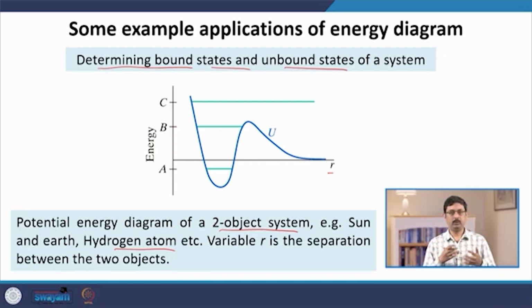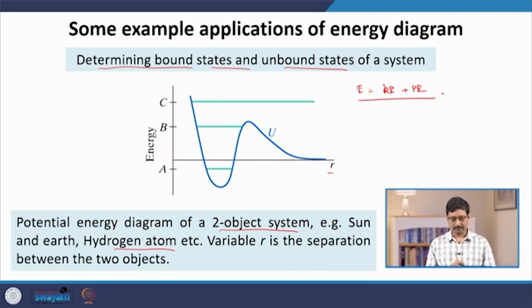Now, the system is moving, so it also has kinetic energy in general. So, the total energy of the system is given by the kinetic energy plus the potential energy. These green lines are the total energy of the system. We have shown you 3 different values of the total energy.